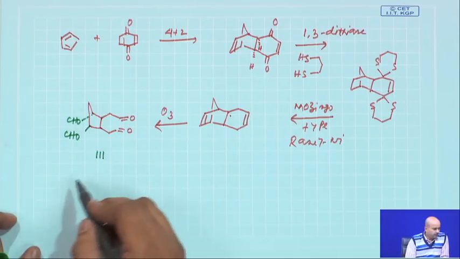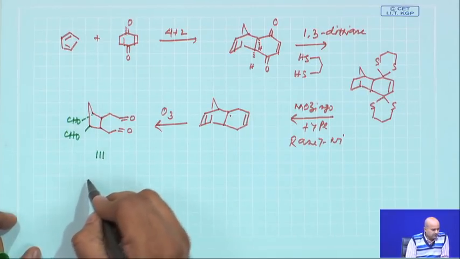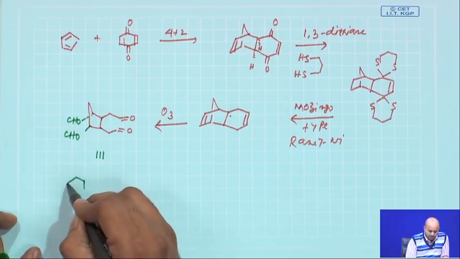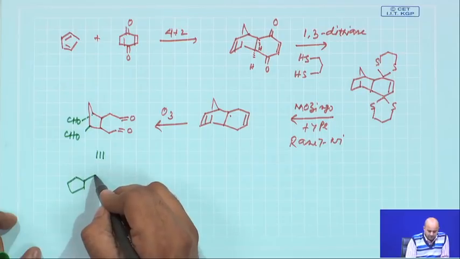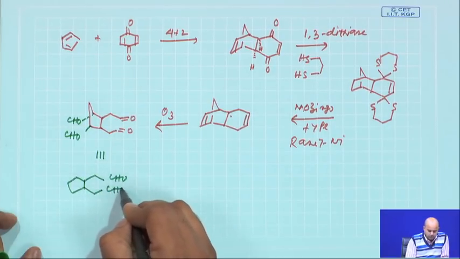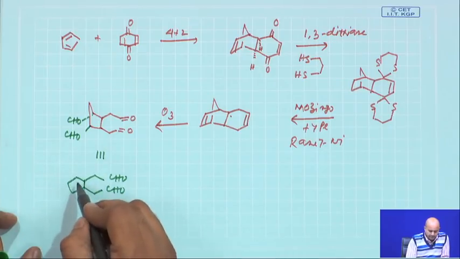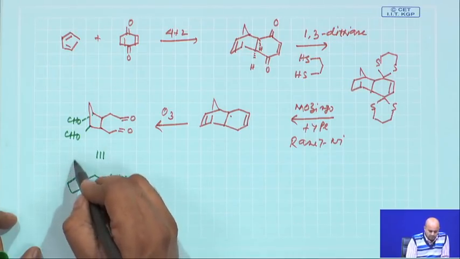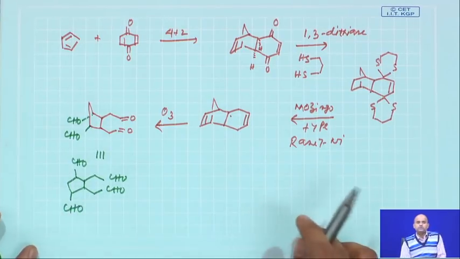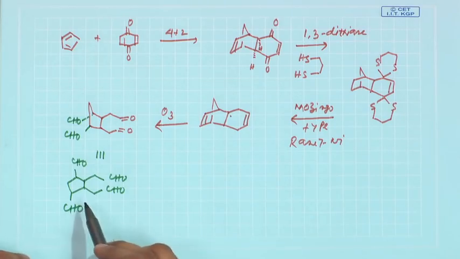You can simply write that this compound is your CH2 CHO, CH2 CHO, and this is your CHO, this is your CHO. The stereochemistry you can write out, or for simplicity, you can omit the stereochemistry.